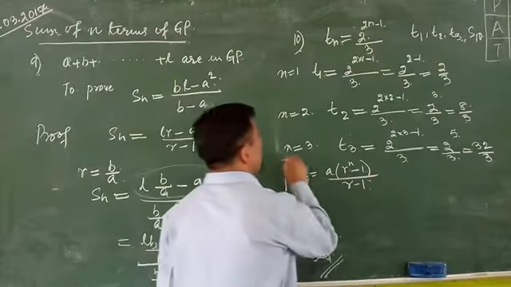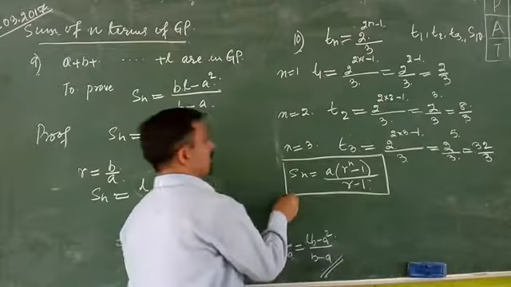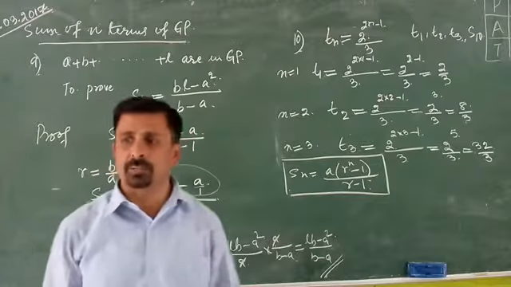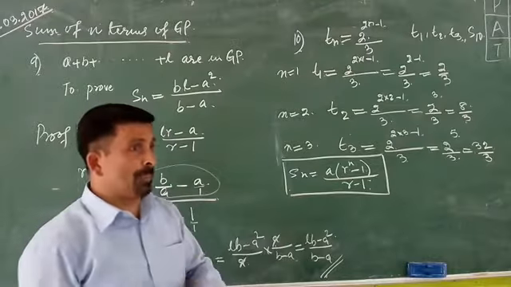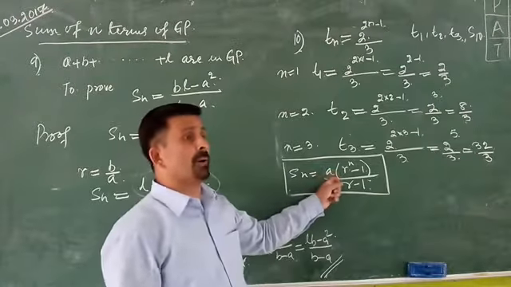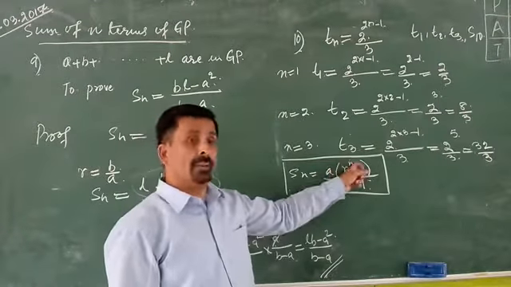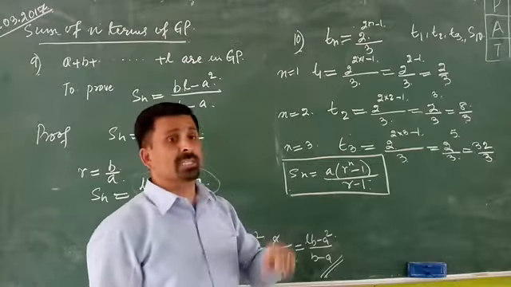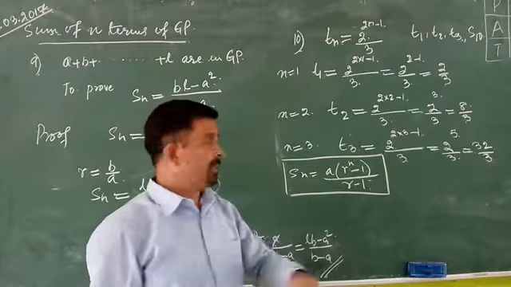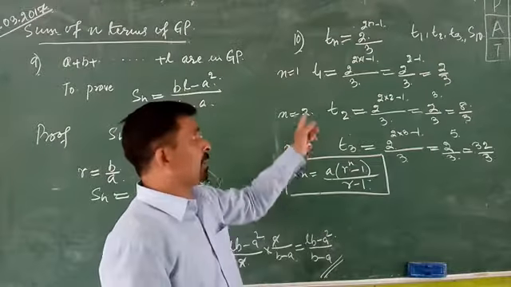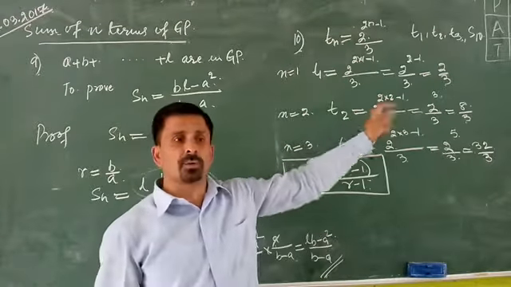To be able to use this, we have to have the values of A, r and n. Since we are calculating the sum of 10 terms, the value of n will be 10. A, the first term, we have already calculated, and it is equal to 2 over 3.